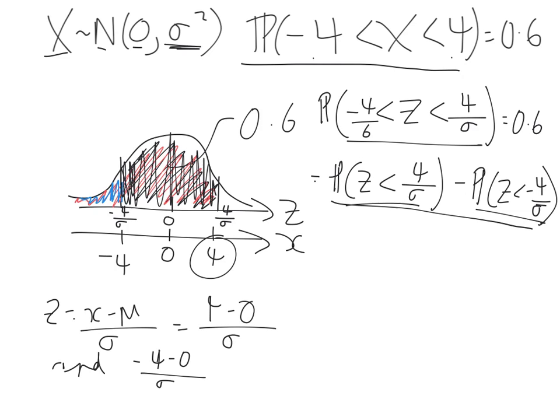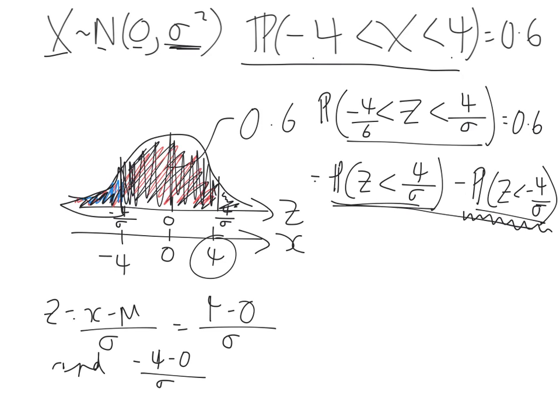Okay, so we're going to need to use symmetry here, because this area here is the same as 1 minus this, because they're symmetrical, so it's the same as this area here.